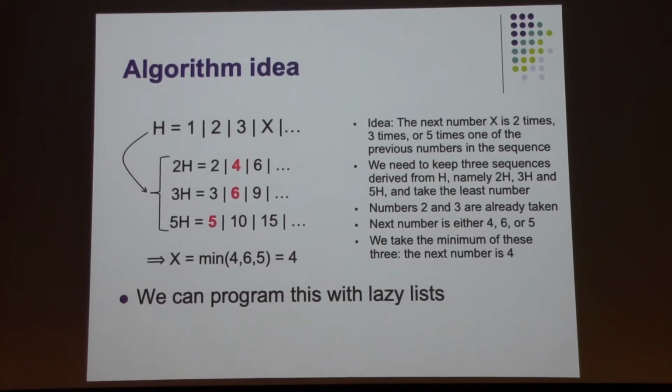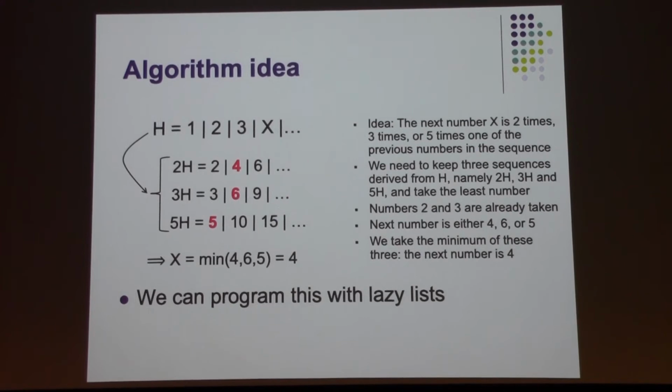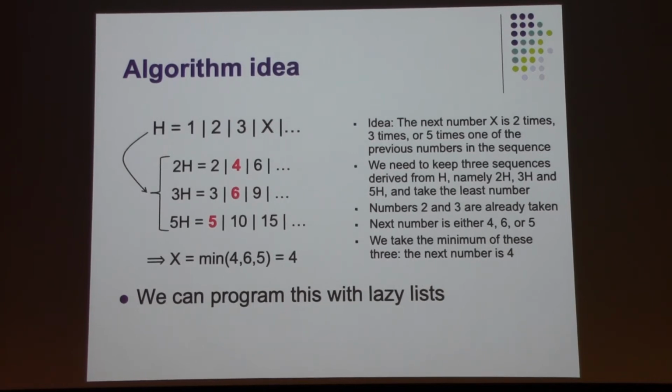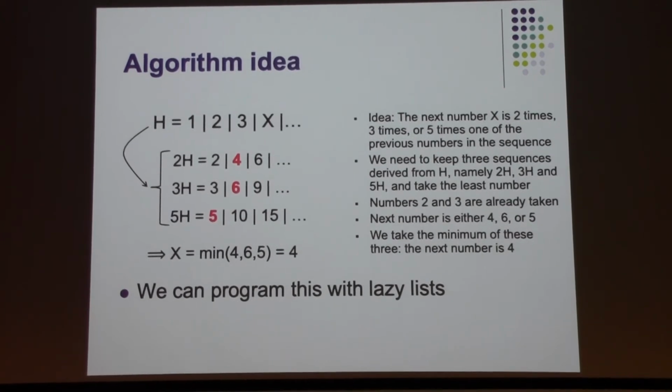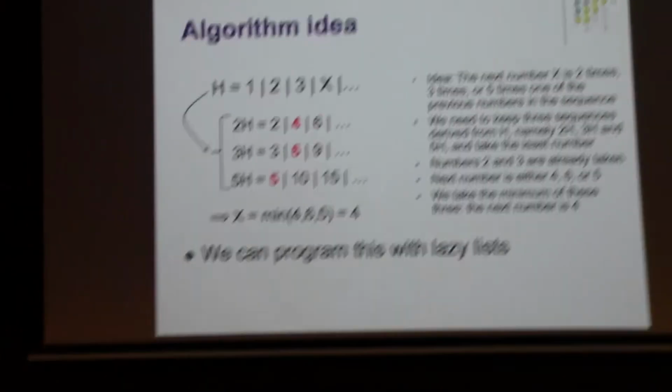Then you have 6, 6, and 10, so the next number is 6, and so on. Each time you use a number, you go one farther in the sequences, and so you can keep going with the X's. Once you determine X, you can determine the one just after X. Or maybe I can show it here to show you more precisely how it works.